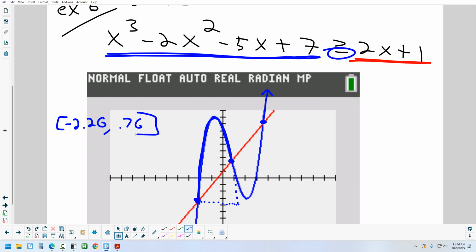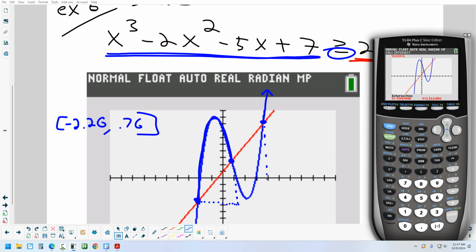So if you pick an x value between those 2 numbers, the blue section will be above the red. Or you can pick a value, looks like it's about like 3.8 or 3.9 or higher. Let's see. Just move your cursor. That's pretty good. That's 3.5. Okay.